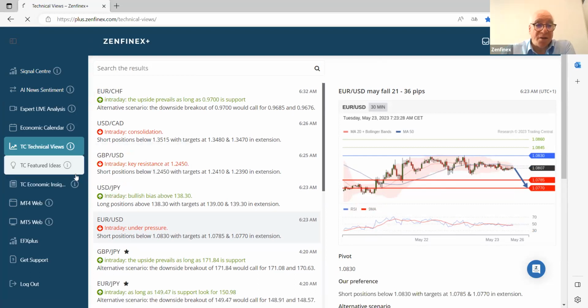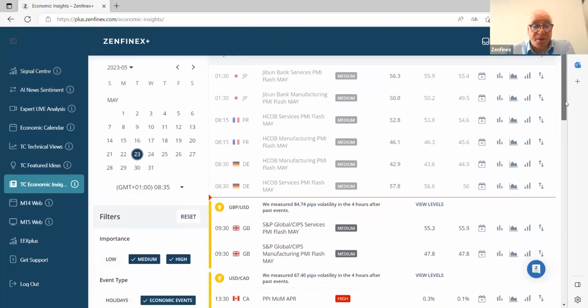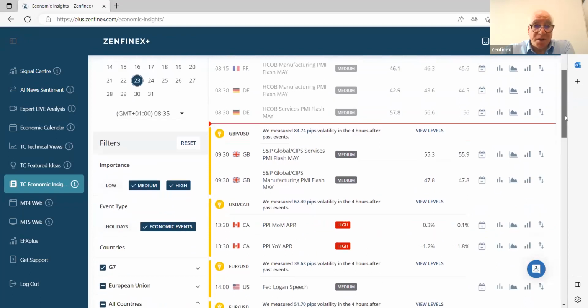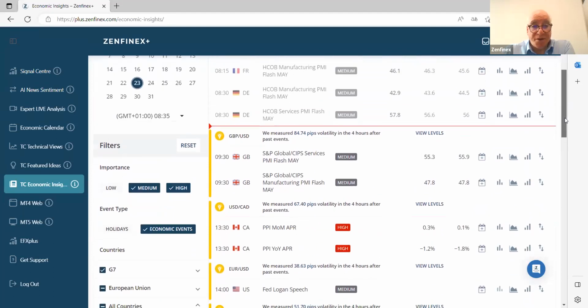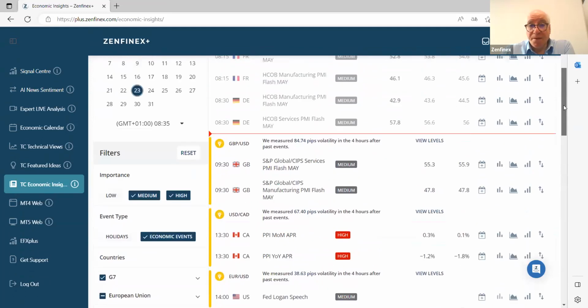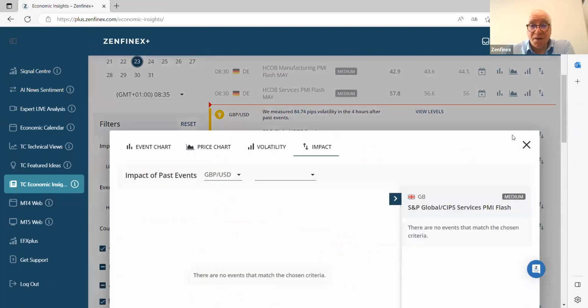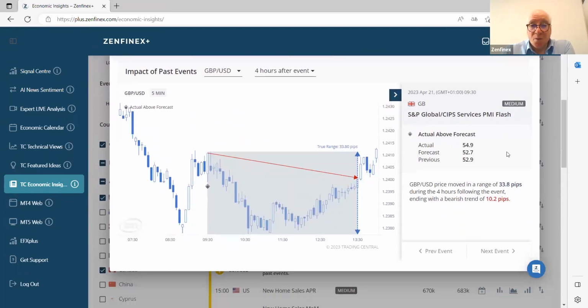So the economic insights are really a very sophisticated calendar. The reason why it's sophisticated is because it allows you to see, first of all, what upcoming news events there are. But more than that, we can do a little bit of analysis in terms of what happened at last month's news event. So this flash PMI, last one was on April the 21st.